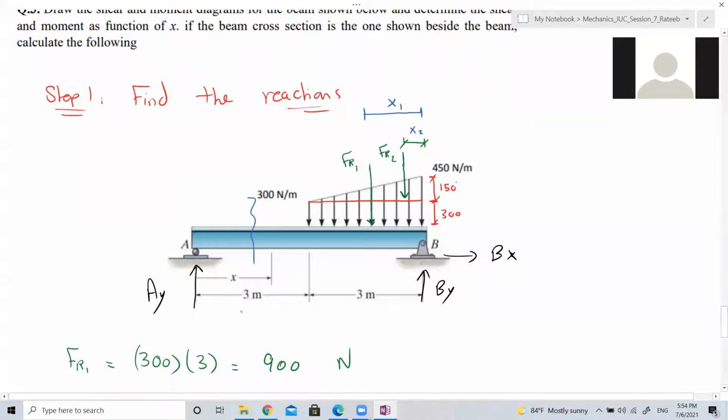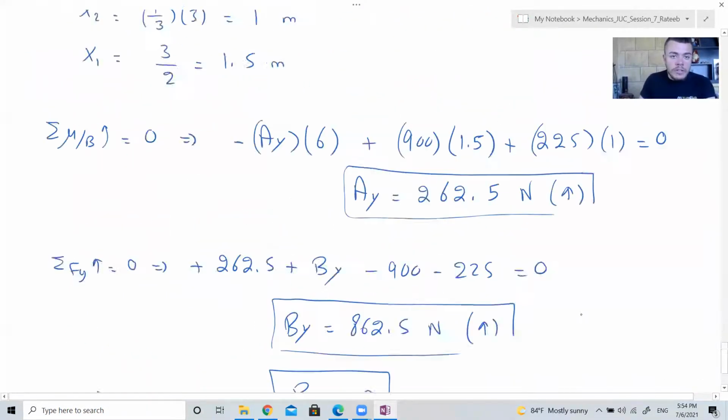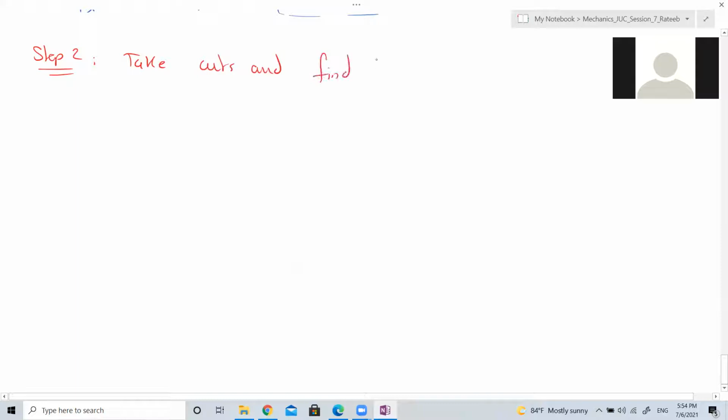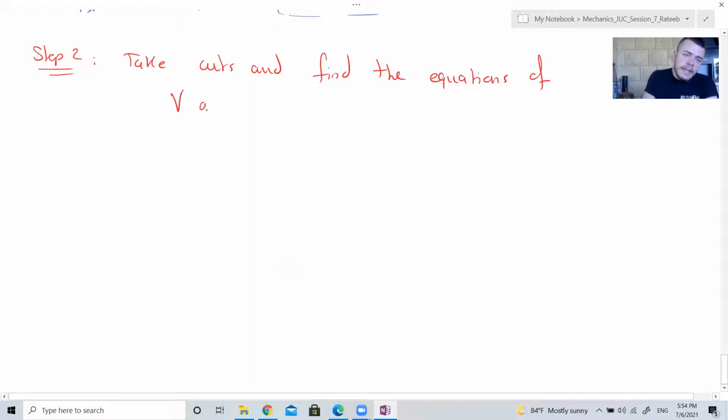One when x is between A and C, where I name this point C, and another when x is between C and B. So step number 2: take cuts and find the equations of V and M.